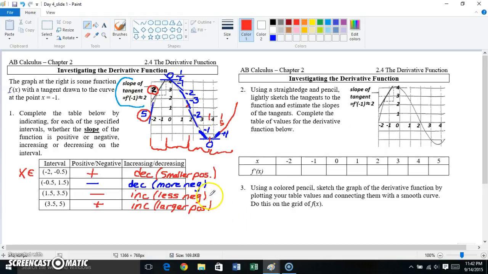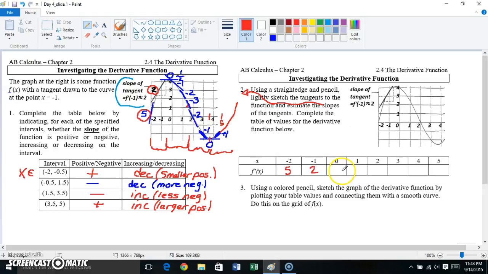Okay, so I've kind of drawn these tangents over on this first graph, right? And let's complete a table of values. So I'm going to take a look at negative 2 on this graph. I don't know, I said it was 5. At negative 1, well, they told us the slope was 2.